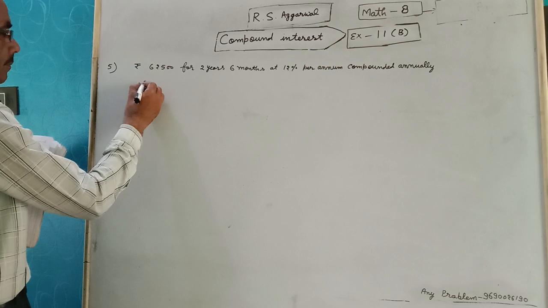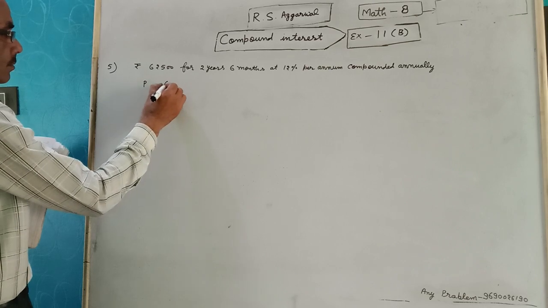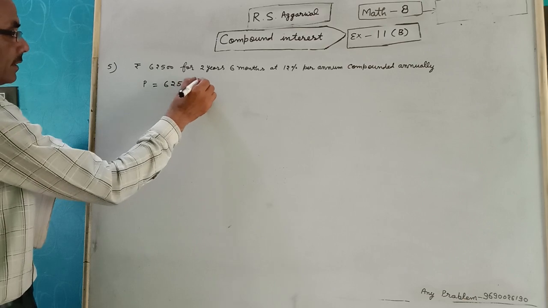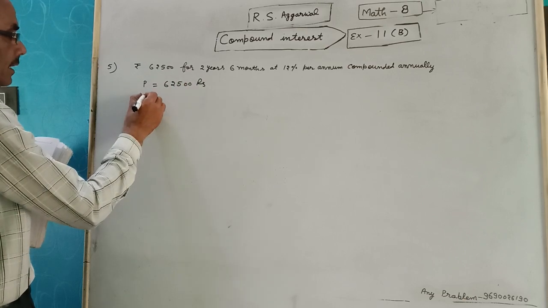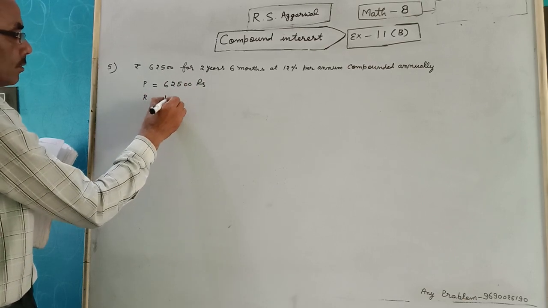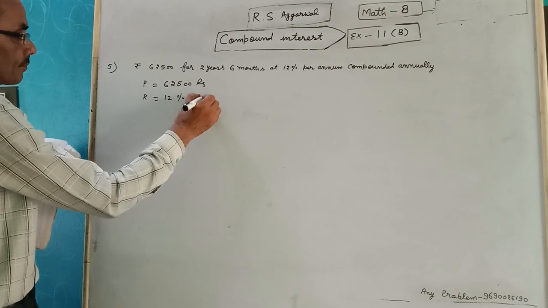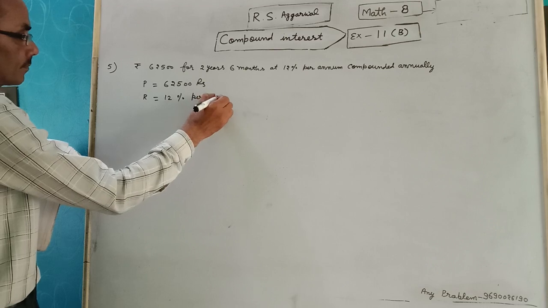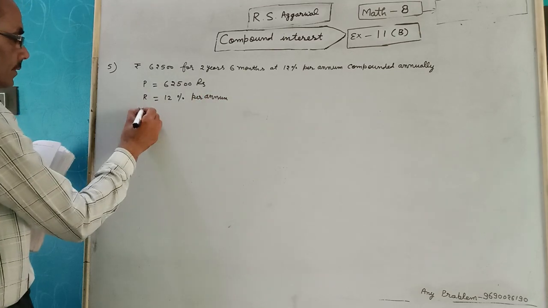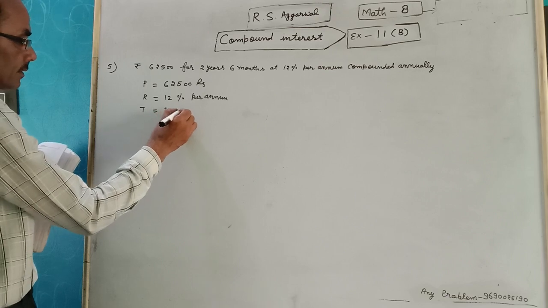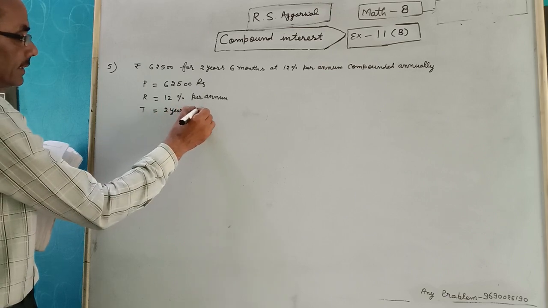Write P is equal to 62,500, R is 12% per annum. Time is equal to 2 years and 6 months.